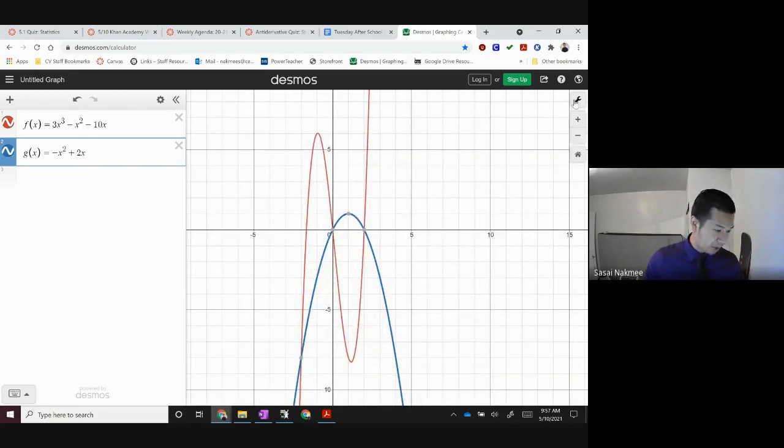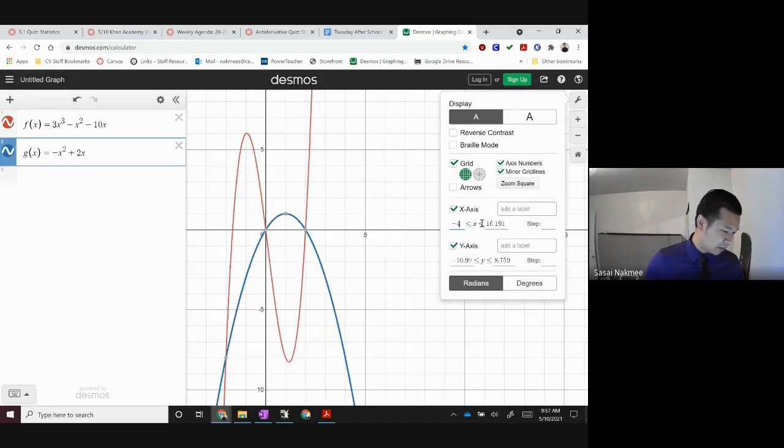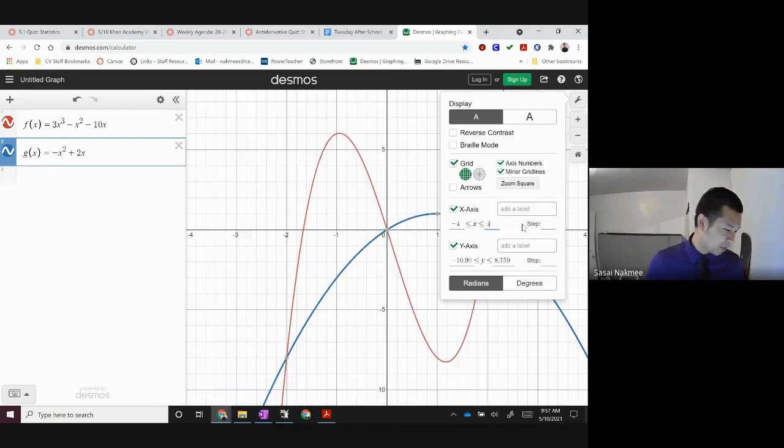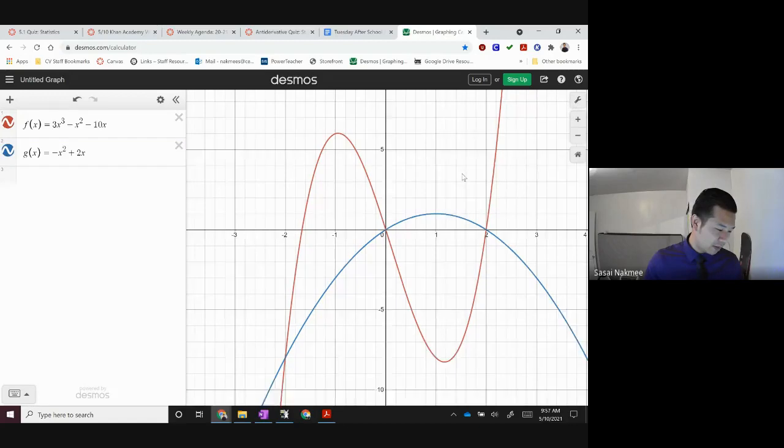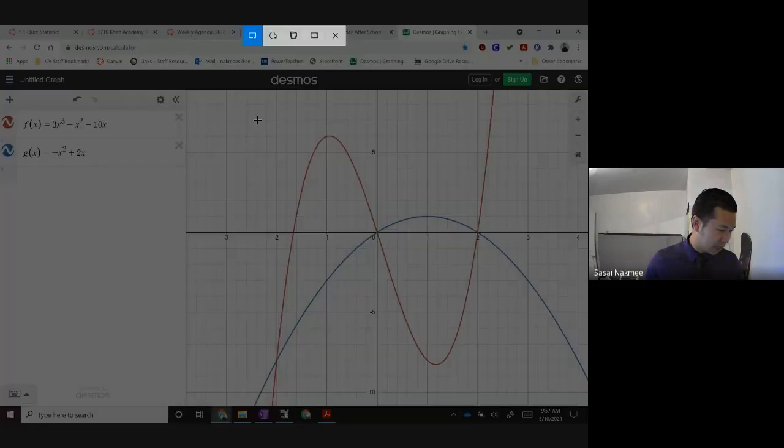Let's adjust our window so it looks a little bit easier to deal with here. The x-axis, I don't need to go all that far out. I can just go to like -4, and then for the positive axis, let's go +4 like that. And then the y-axis, do we need to adjust that? I think that looks good, right? We can see the two graphs here. I'm going to go ahead and screenshot that and put that into our notes right here.